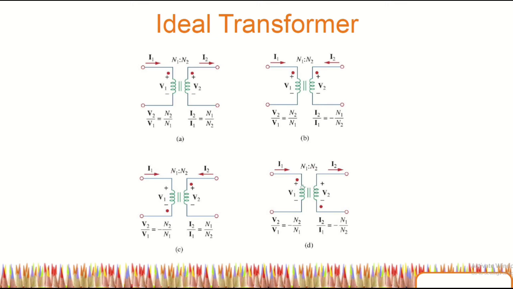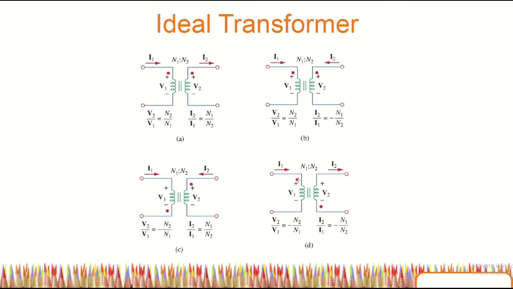However, if you look at this, the dotted is at the negative at the secondary coil, and the terminal, the current is one going in and another one going in. Okay, both are going in.